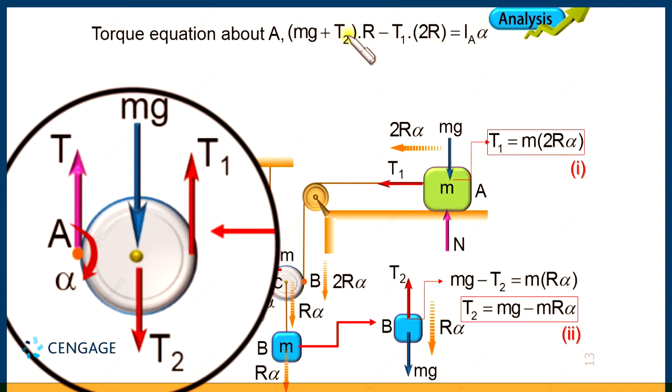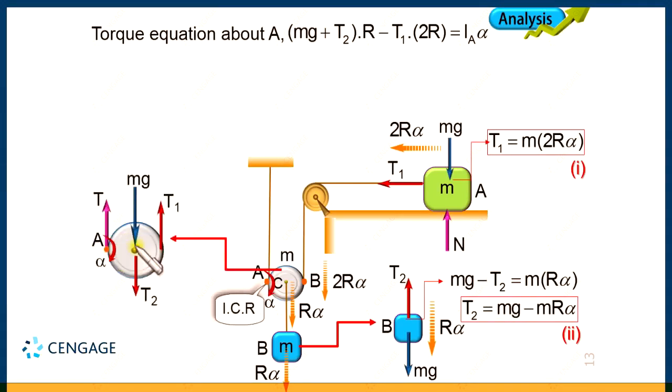Let us again put the value of Ia. I is the moment of inertia of this disc about A. This disc is circular, mr square divided by 2 plus mr square, that is 3 by 2 mr square. So Ia equal to 3 by 2 mr square, we can substitute here. And here we can cancel out r.